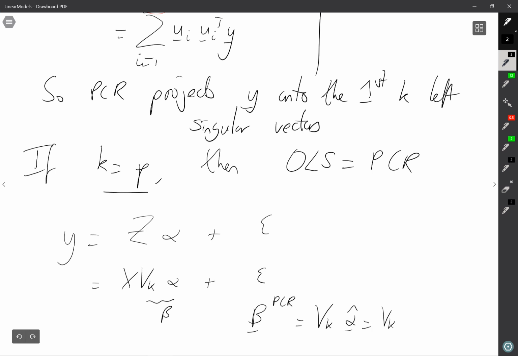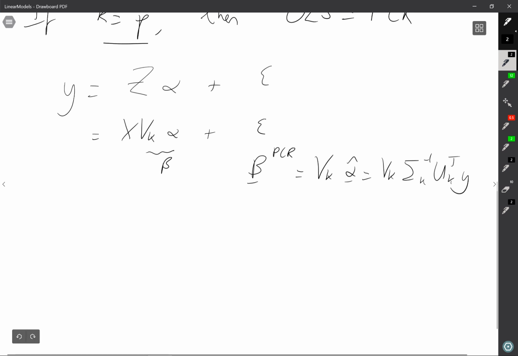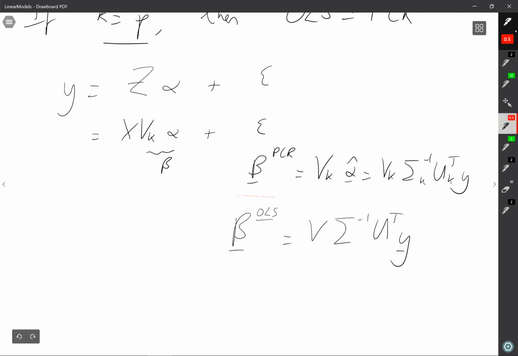Our estimator of alpha was Sigma_k inverse U_k transposed Y. So again, this is very similar to what we found in ordinary least squares, where we found this was V Sigma inverse U transposed Y. It's just that in principal component regression, we have truncated matrices.